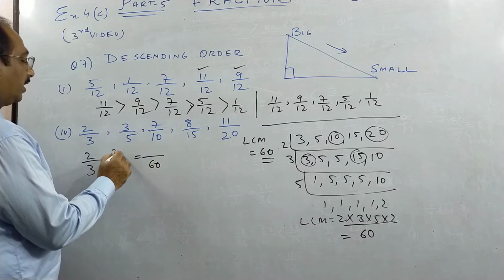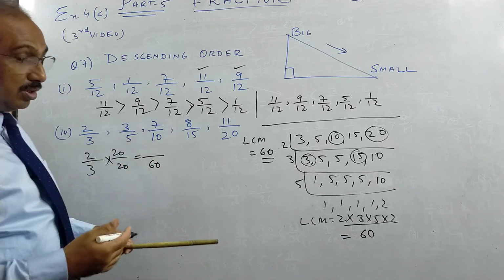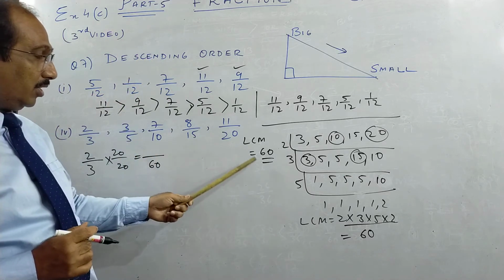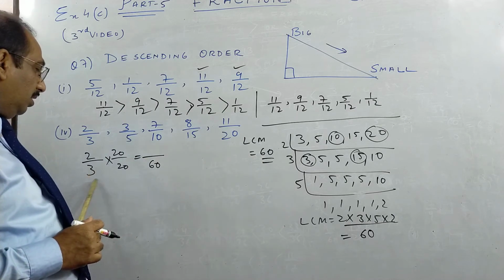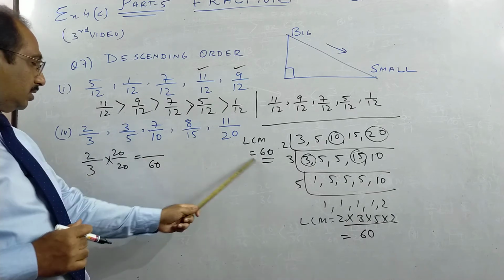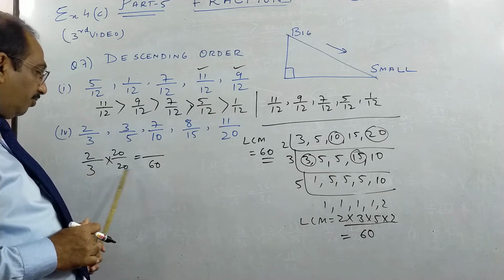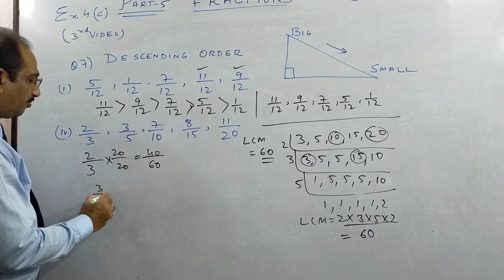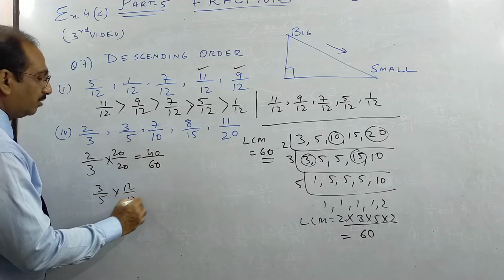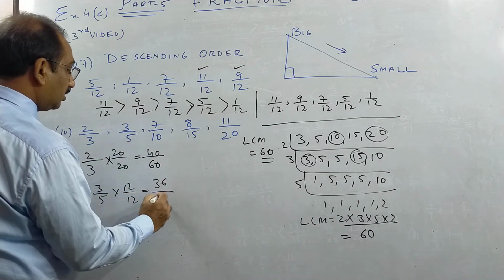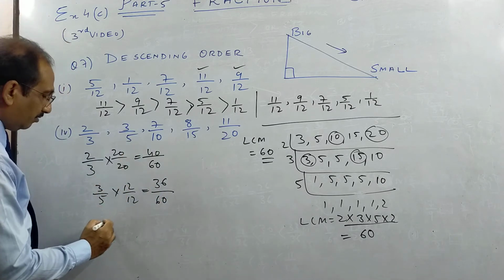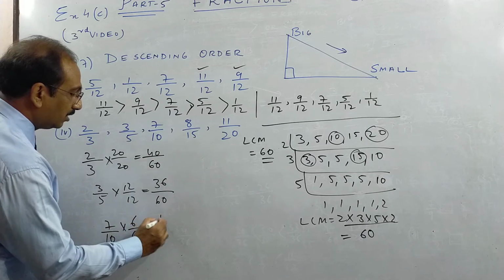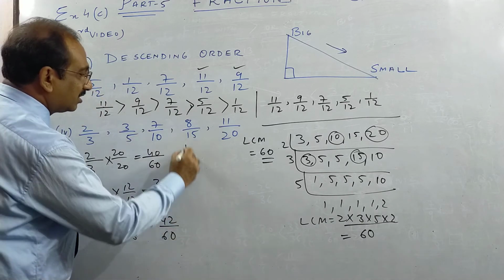So this will go 20 times. How I taught you in my previous video, you must see part 4 of my video lesson. What I taught you: 60 divided by 3 gives you 20. This upon this, or this with what will give you 60. So 20 times. So this 2 by 3 becomes 40 by 60. This 3 by 5 will be 12 times, 36 by 60. 7 by 10 into 6, 7 sixes are 42 by 60.